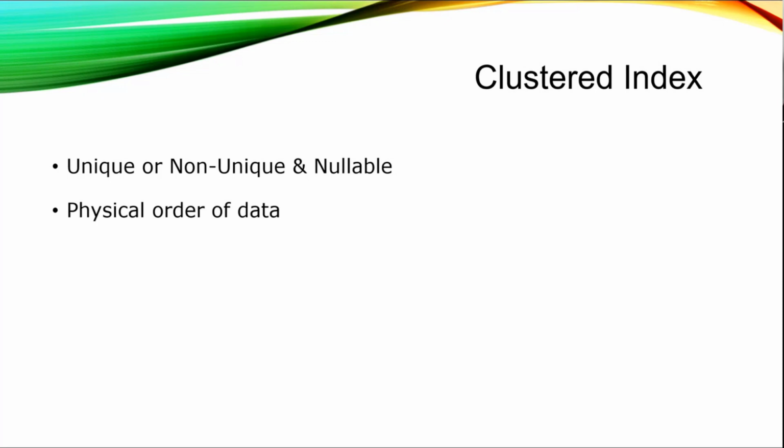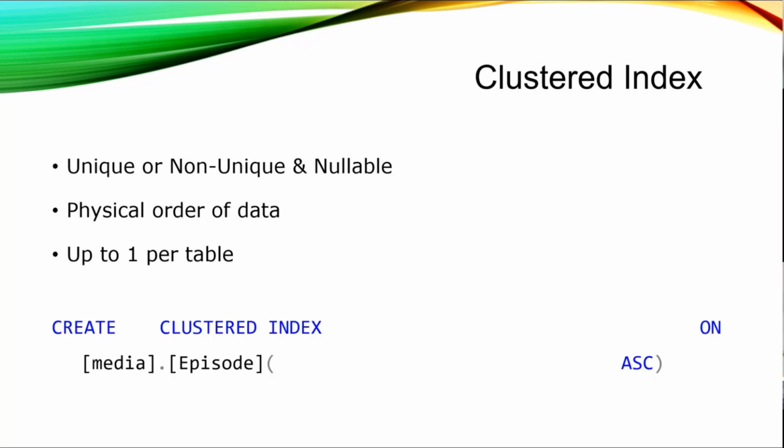And however you're accessing that information is going to dictate how effective that ordering is going to be. You can have up to one per table, right? Table with no clustered index, you got a heap. But as much as it would be nice to have two clustered indexes so that we can hit two points equally, we got to pick one that's going to be the best.